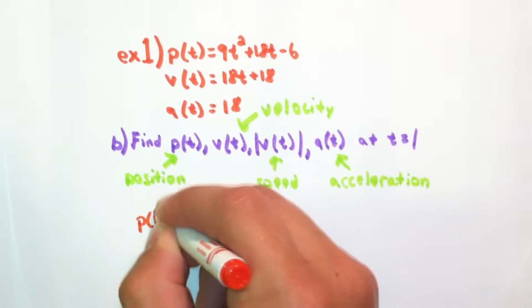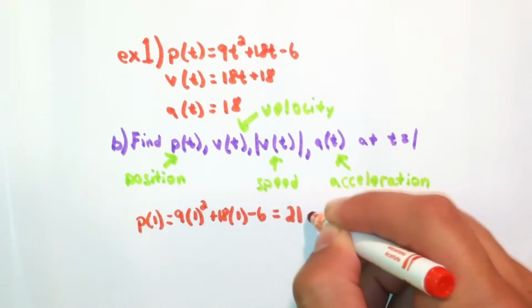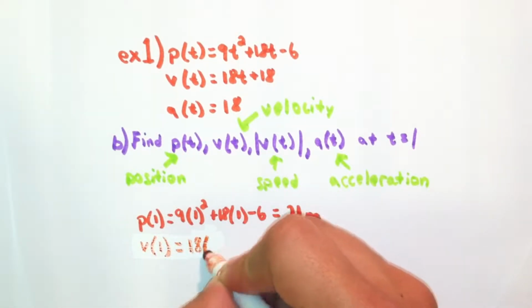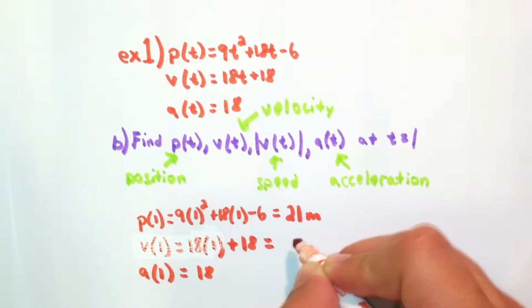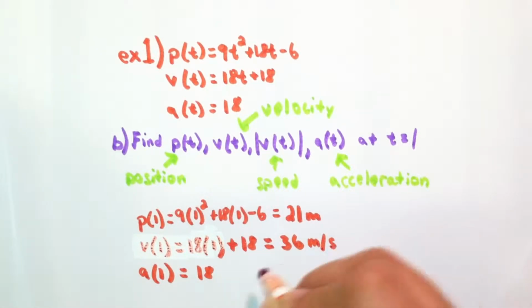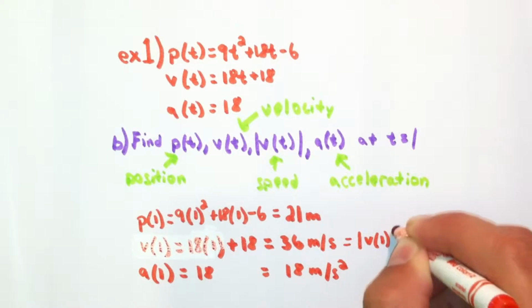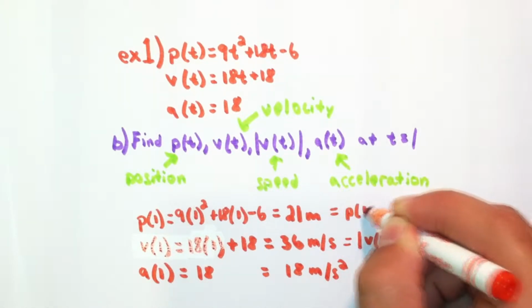To find the position at t equals 1, all you do is plug in the 1 for all of the values of t, then evaluate the equation. You repeat this for the velocity equation and for the acceleration equation. Since speed is just the absolute value of velocity, in this case it stays at 36.